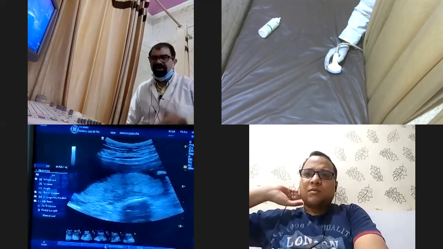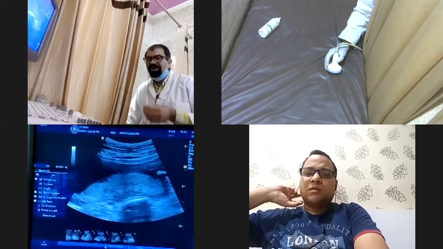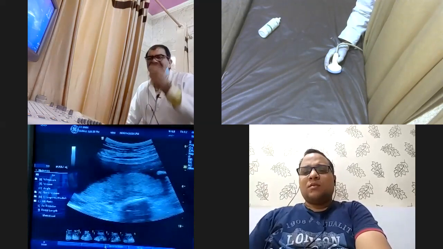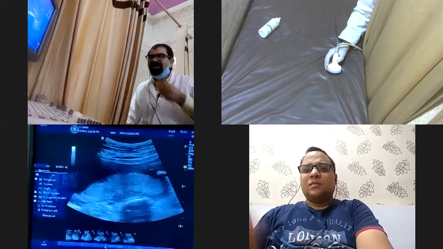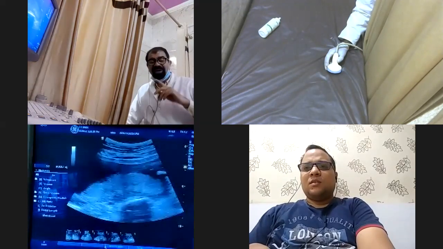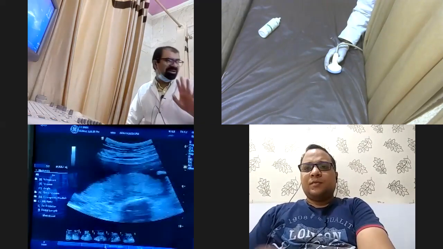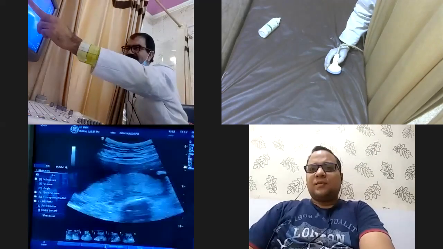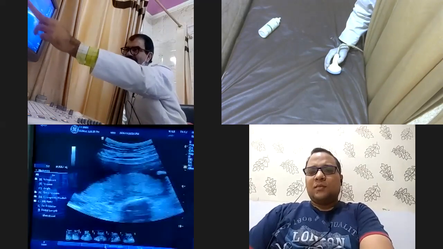I told you, if you know the screen orientation, if you know the basics, you can even tell me whether this is anterior placenta or posterior placenta. Now see the beauty. You have never seen the fetal ultrasound, and you can now tell me that this is not the anterior placenta, but the posterior placenta.